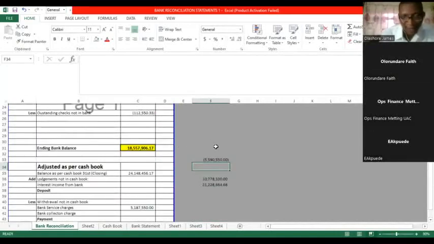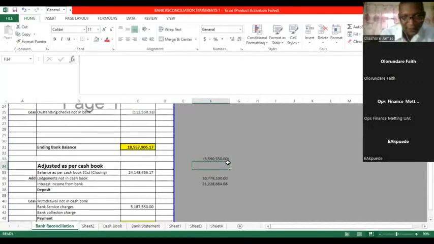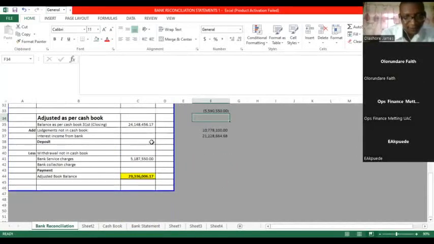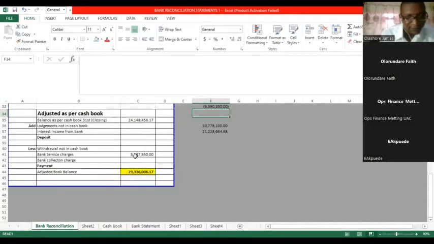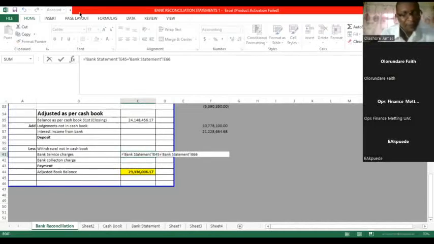So what am I having? I'm having 590. This one should be in negative because they said you should remove it.